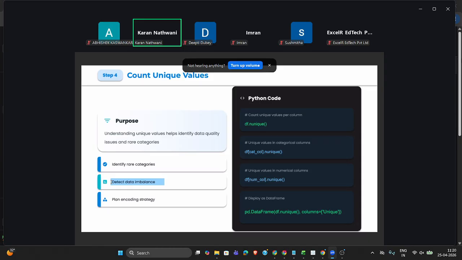Let's suppose there are 20 rows. Let me put this in a way. Column 1, column 2, column 3, these are my features.